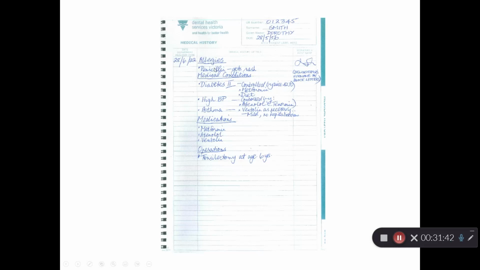I come back here, double check, no, I can't give them penicillin, so what's my next best drug, and so forth. So we're always cross-checking, thinking. It's not just that we do that, get it signed off, and then forget about it. Each thing we have to understand about our patient and then apply it where we need to.